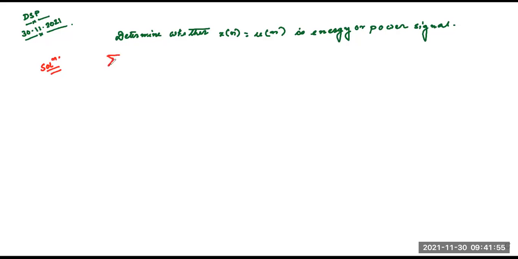Energy E equals the summation from n equals minus infinity to plus infinity of mod x[n] whole square.